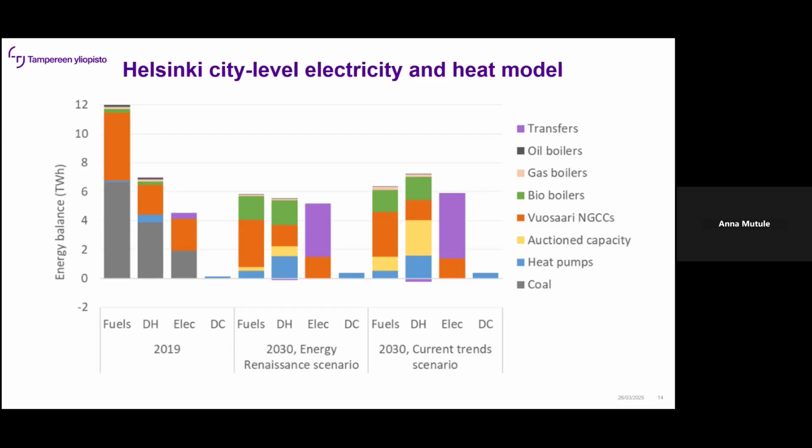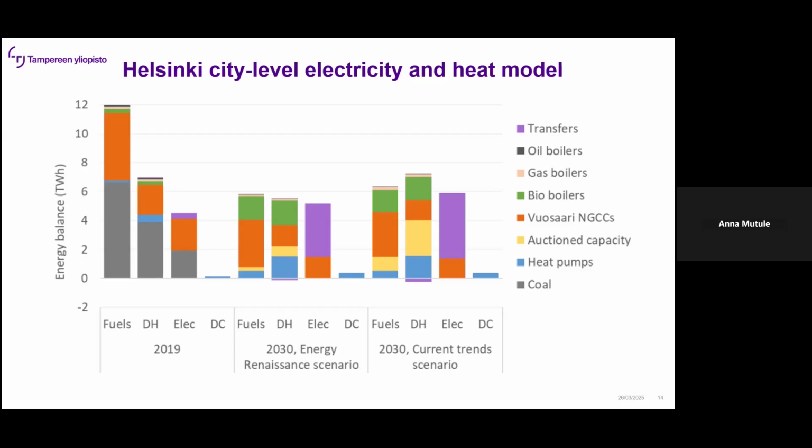Under this scenario, just 100 megawatts of new clean heat capacity would be required to phase out coal by 2029, and another 100 megawatts to reach the 80% emissions reduction target by 2035. On the right, the current trend scenario assumes no major energy efficiency gains.